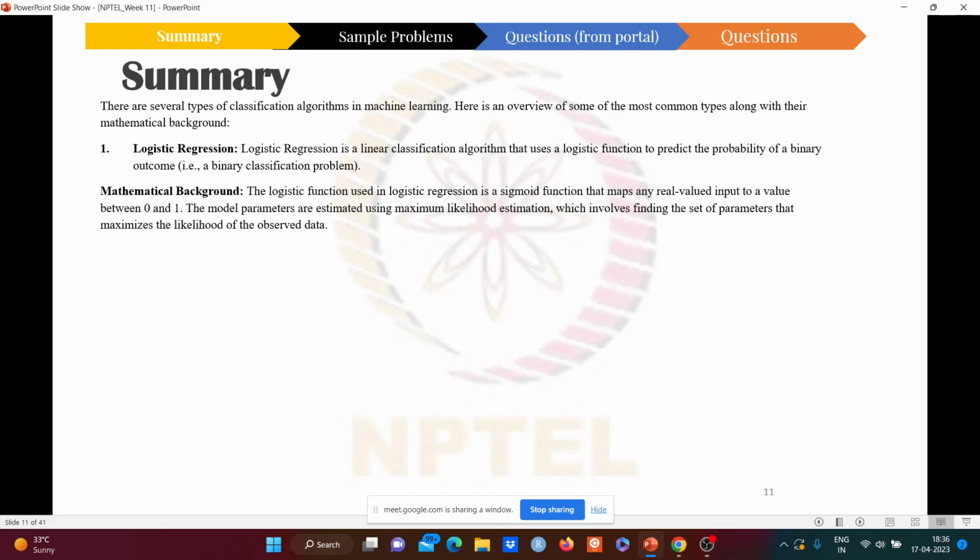It models the relationship between the input features and the binary target variable by estimating the probability of a positive class as a function of input features. So here the probability of class A or class B, any one class of a binary class, is calculated as a function of input features. Logistic regression uses a cost function called negative log likelihood, which is minimized during training.